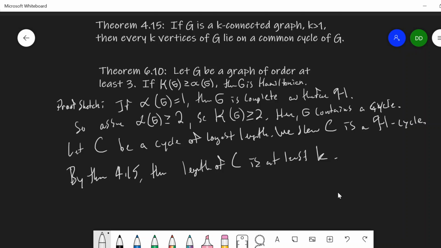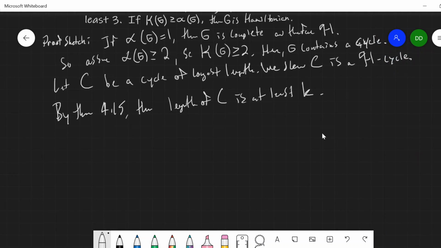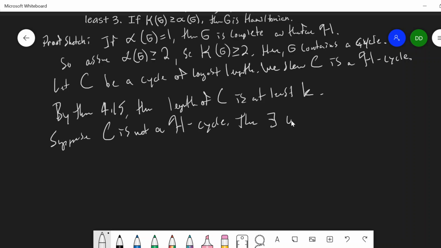And we want to show that it's a Hamiltonian cycle. So suppose C is not a Hamiltonian cycle. Then there exists some vertex that is not on the cycle.